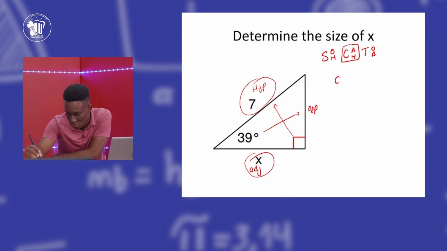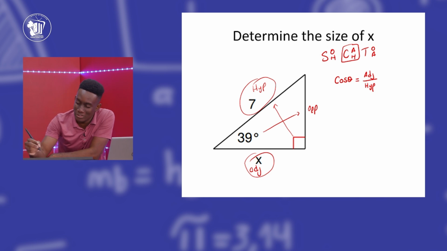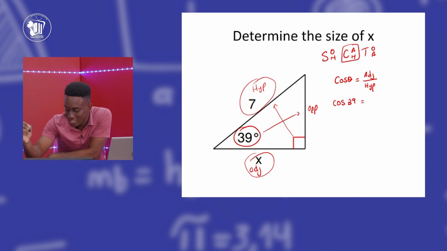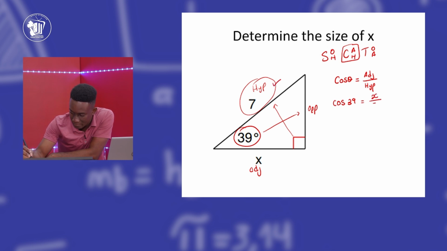We see cos has that. So we can say cos theta is equal to the adjacent side over the hypotenuse. We substitute our values: cos 39, where the angle is 39, is equal to the adjacent side, which is x, over the hypotenuse, which is 7.